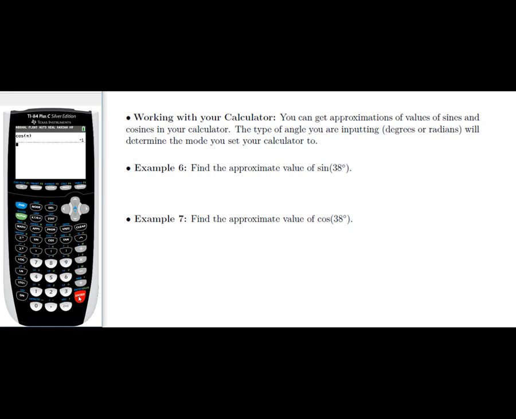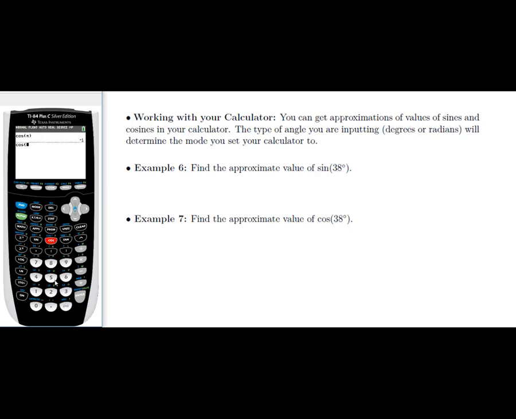But since I'm being asked for the sine of 38 degrees and the cosine of 38 degrees, let's switch our mode to degree. So toggle over here and press enter, and then quit this screen.